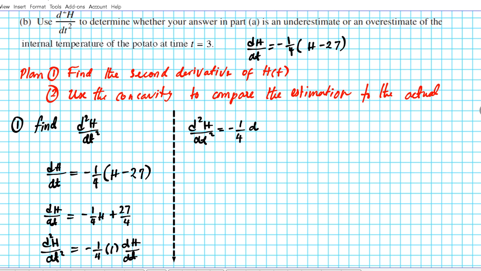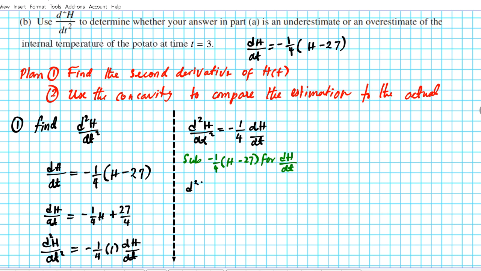Now to finish this off, we have to substitute what dh/dt is. We don't want to forget that. We're going to substitute negative 1/4 times the quantity h minus 27 for dh/dt. Let's carry out the substitution. That will give us exactly what we need.